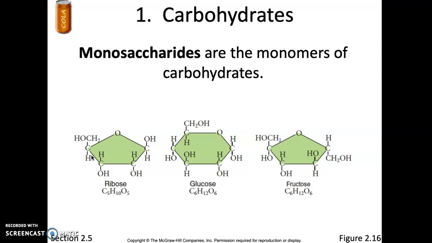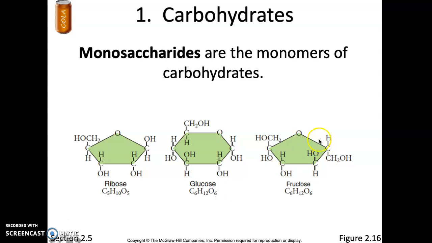And these are really good examples here. Everything that you've heard of before. Glucose, fructose, ribose, and I can show them to you in different ways. I can just write it out like that. Let's do fructose. I can write it out. Or I can write C6H12O6. That's fructose. But look at this. C6H12O6 is also glucose.